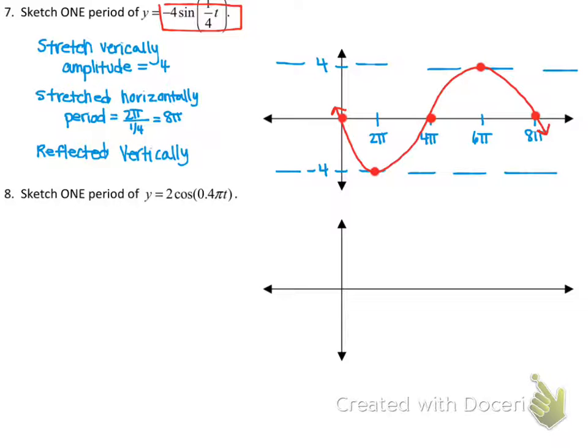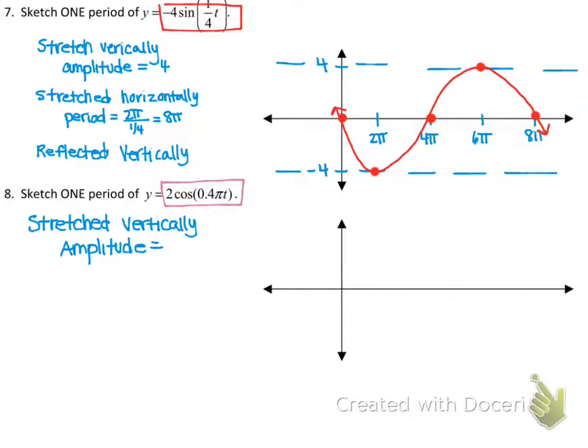Okay, so this last one, all right, so again, we're going to start with what has been done. It has been stretched vertically because of that 2 in front. Which means that my amplitude is equal to 2.